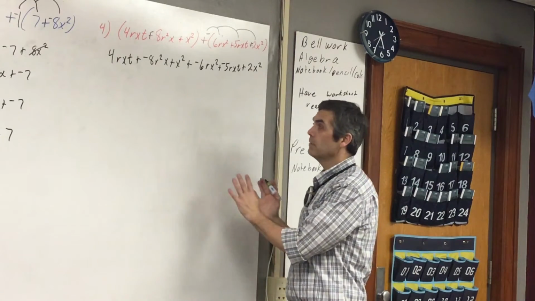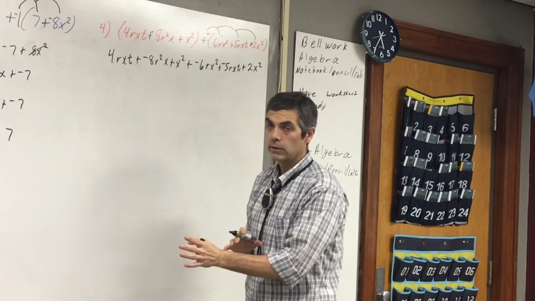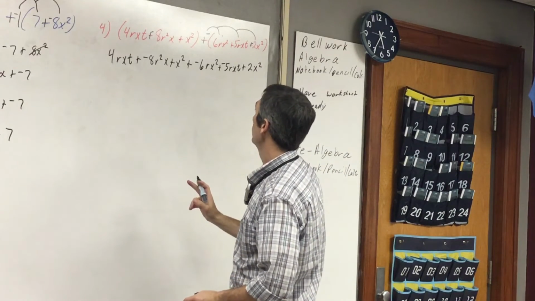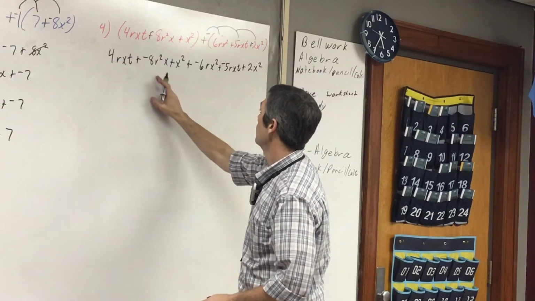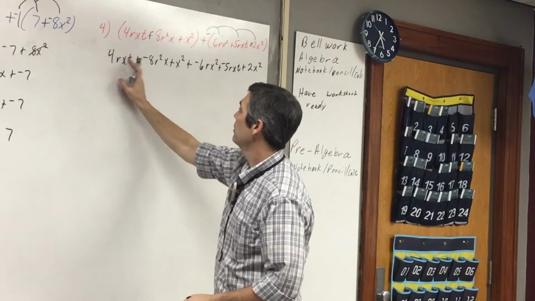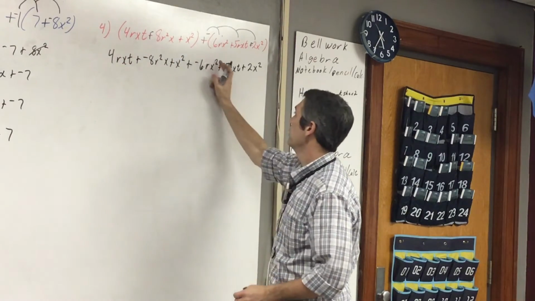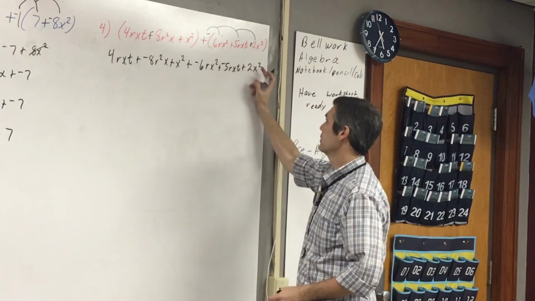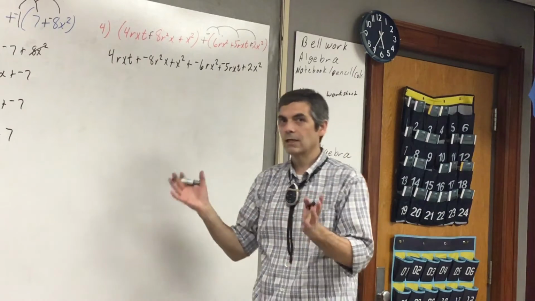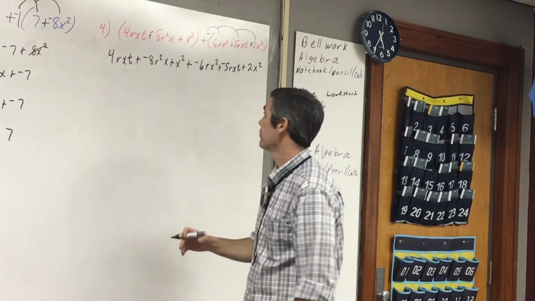Now we're going to line them up according to degree. We have a 3 degree here, here, here, and here. So we're just going to pick one and put it in front, because at a certain point you have to just put one in front.